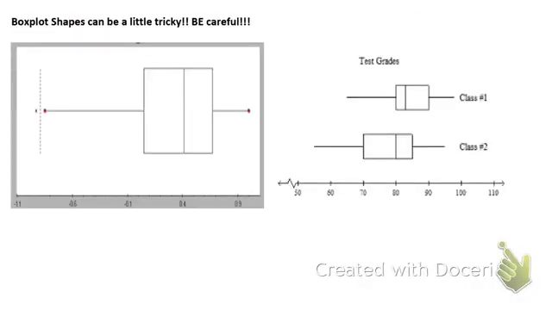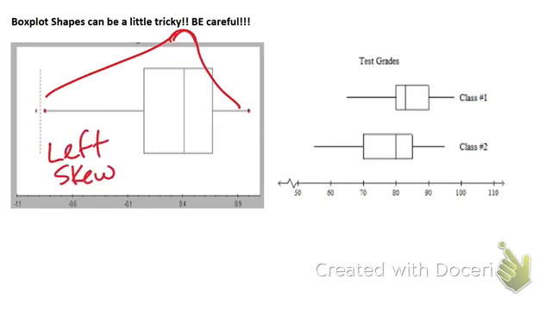Box plot shapes can be a little tricky, but I think you guys are smart enough. Look at the top left here. Imagine the peak. What shape do you think that is? Left skew. Very good. Top right, test grades. Class 1, the top box plot.